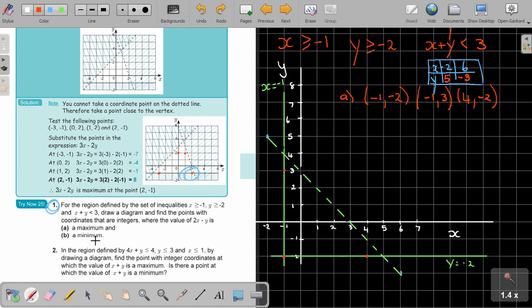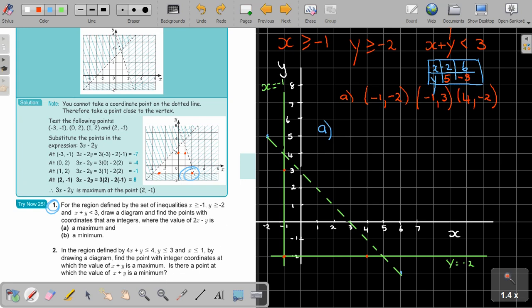So that will be a minimum and that will be the maximum, and that's the broken. And if I look at that point, because it's that broken line, it's 4 and -2. And then I'm going to do the test.